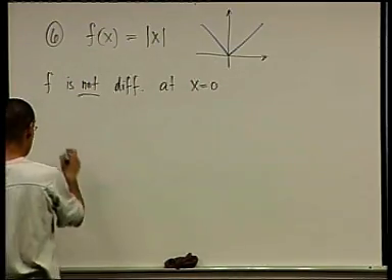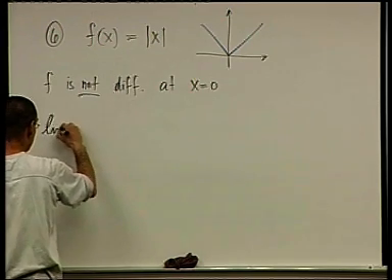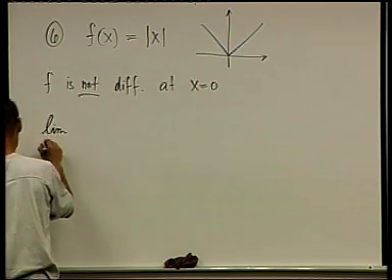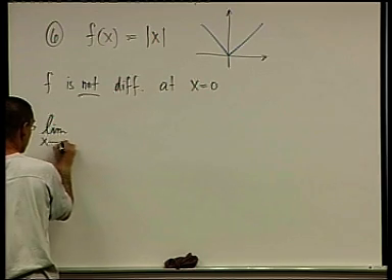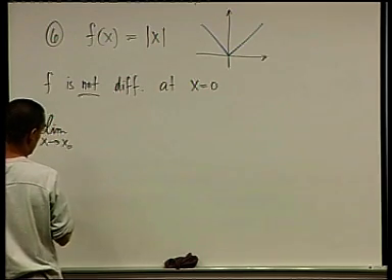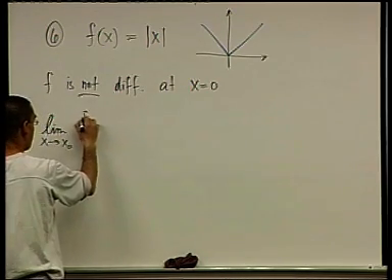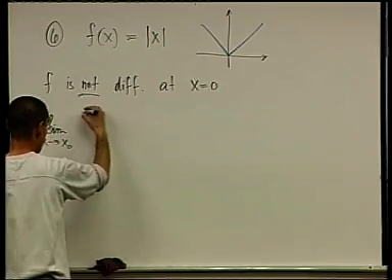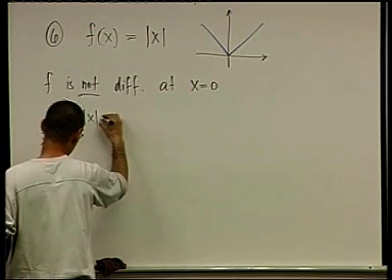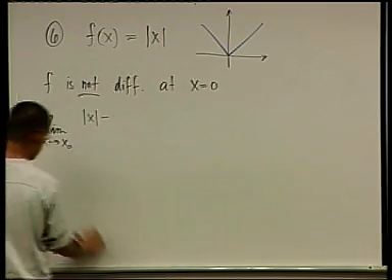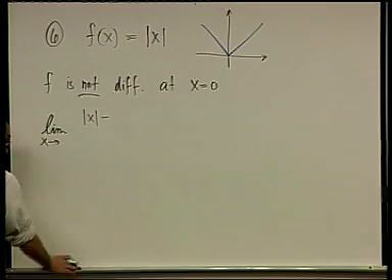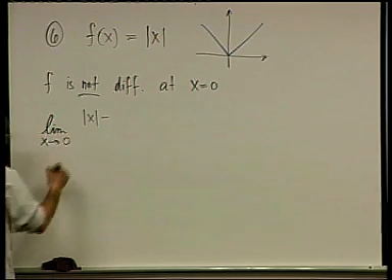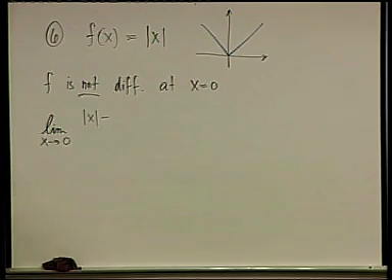So the limit as x goes to 0, it's not x goes to x0, it's x goes to 0. Our x0 is now 0. We're claiming that there's no limit at 0.